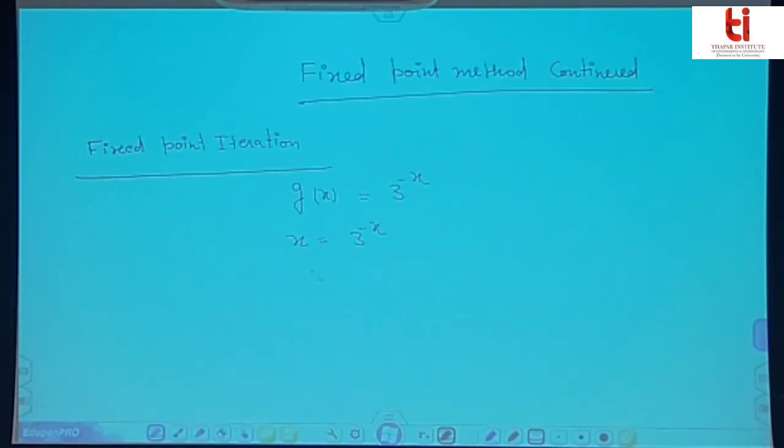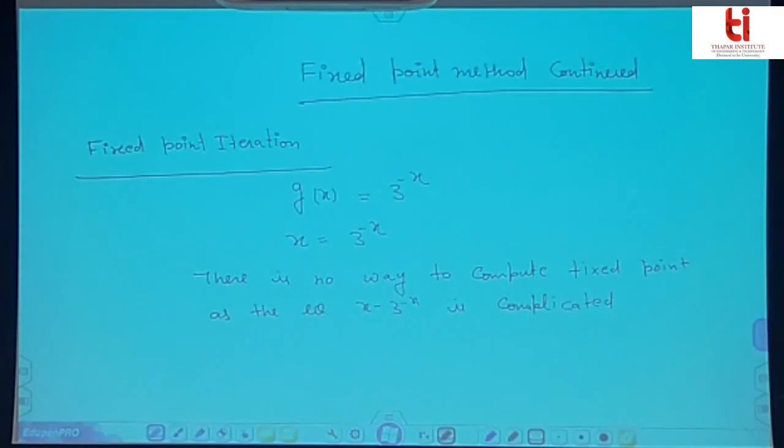So what we do, just write that there is no way to compute the fixed point as the equation x minus 3 raised to 1 minus x is complex, or we should say complicated.